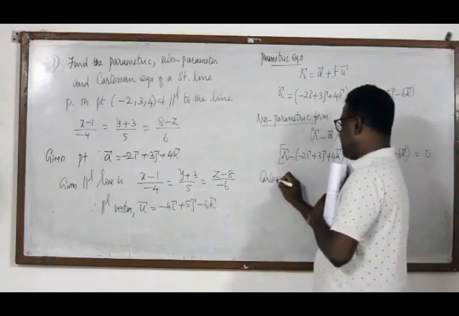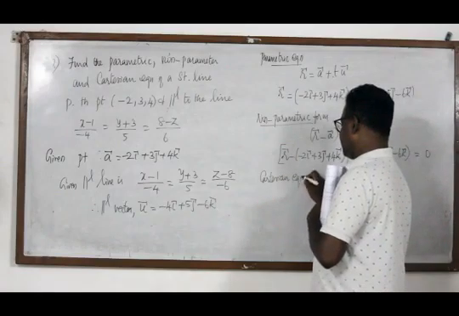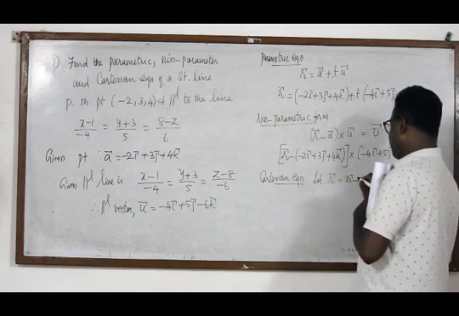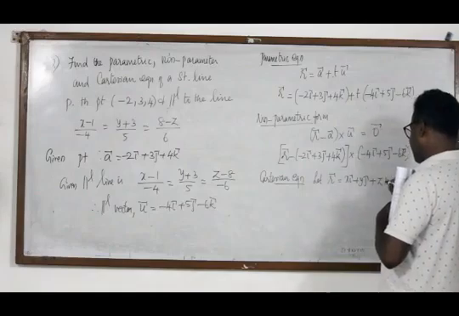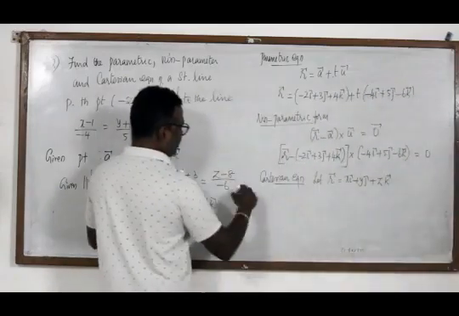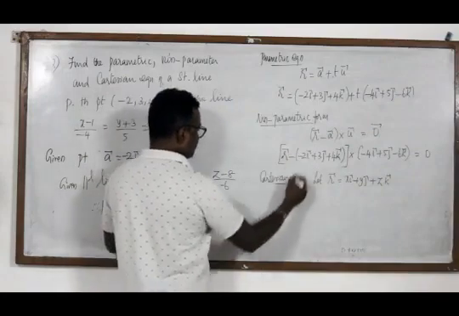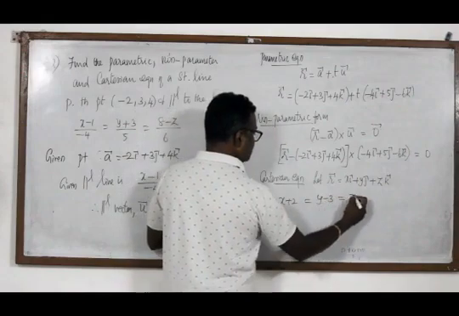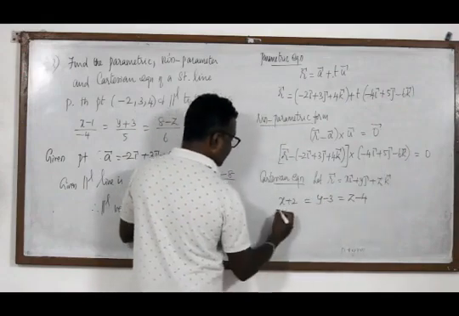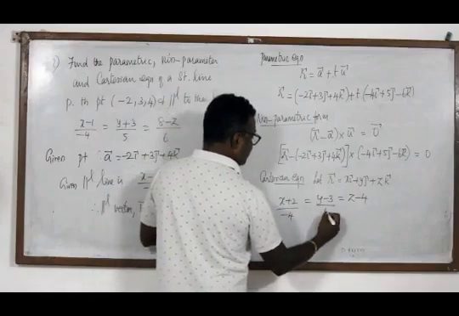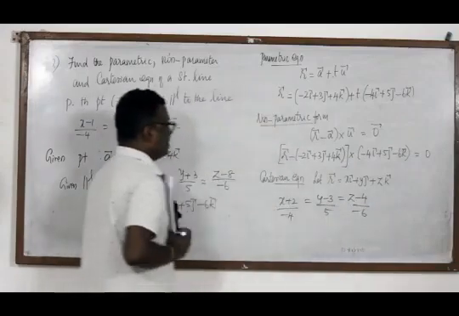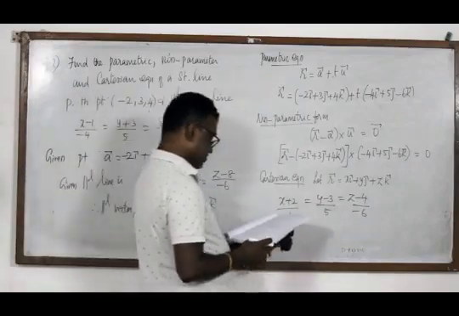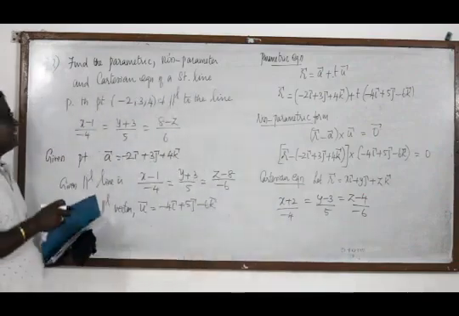Then the Cartesian equation. Let R vector equal to xi plus yj plus zk. If I substitute here, the corresponding i, j, k terms can be subtracted, so it becomes x plus 2, y minus 3, z minus 4, with the vector numbers in the denominator: minus 4, 5, minus 6. So (x plus 2) by minus 4 equal to (y minus 3) by 5 equal to (z minus 4) by minus 6. This is our second problem.